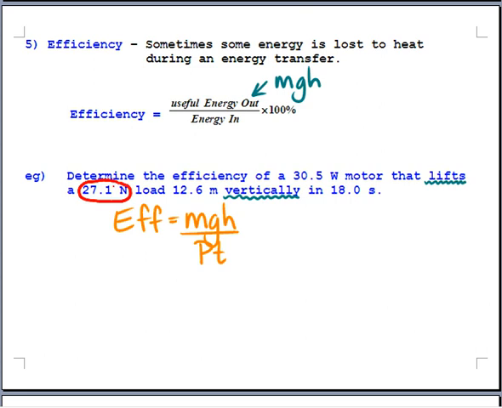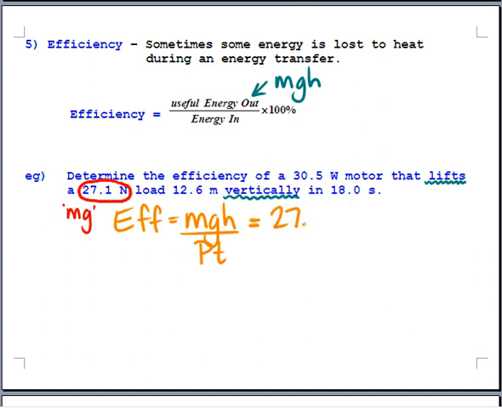So you got to look at that and go, hey, I know what that is. 27.1 newtons, that's the weight. That's already M times G. That's done for us. It's not just a mass in kilograms. They've actually already gone ahead and multiplied by 9.8, which is kind of nice for us, but you do have to catch that. So if we go and we plug those numbers in, I've got the M times G done.